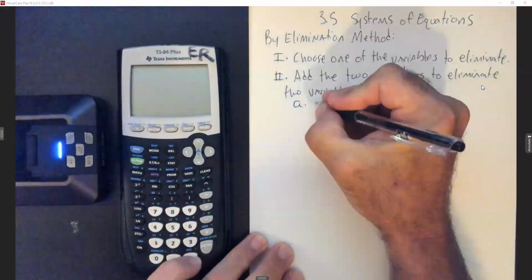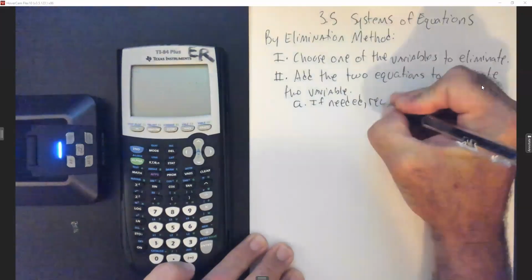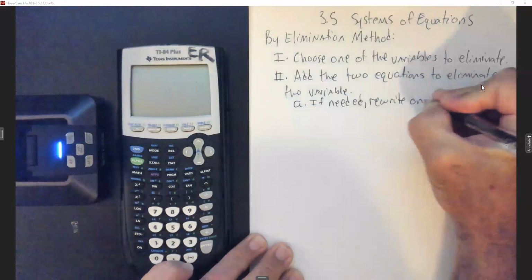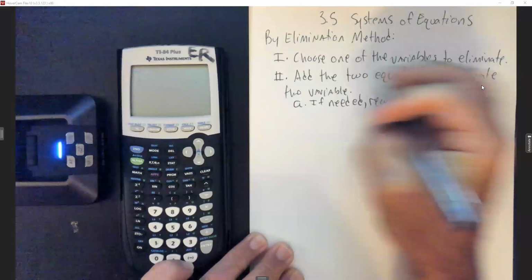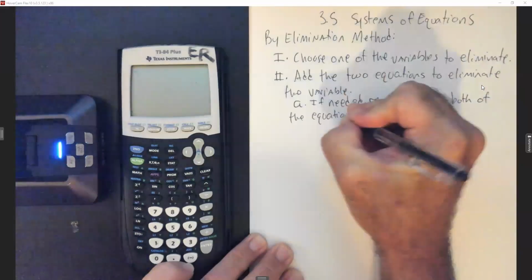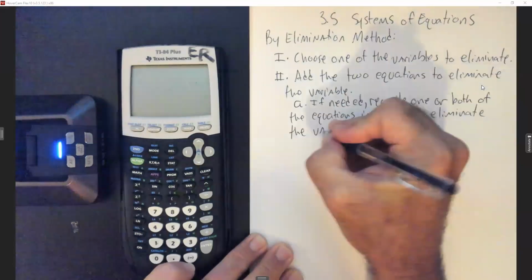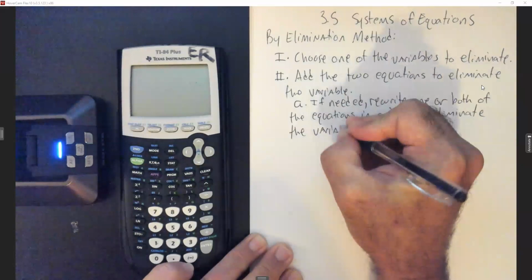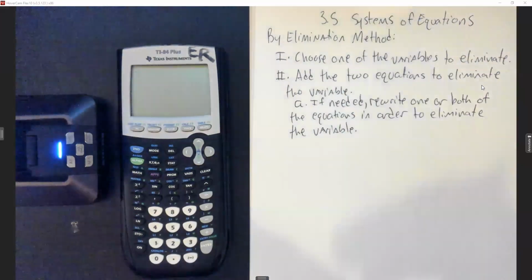So if needed, rewrite one or both of the equations in order to eliminate the variable. Because I need one of these to be a positive and one of them to be a negative when I try to eliminate that variable, because I need it to cancel.